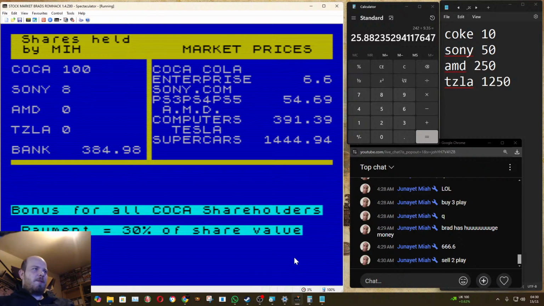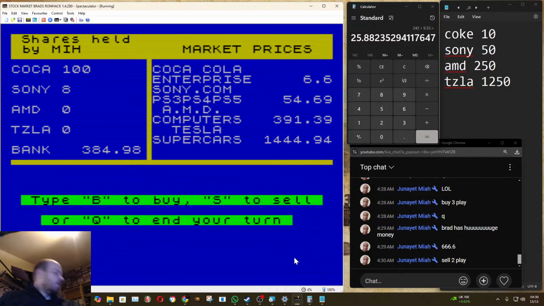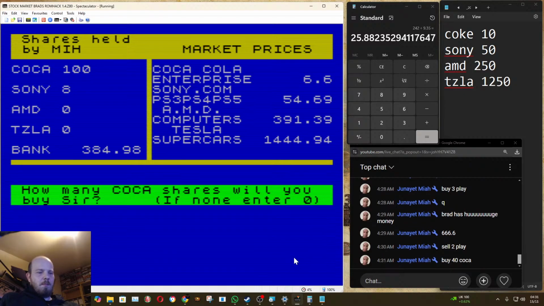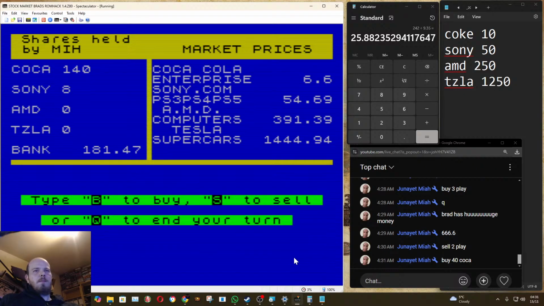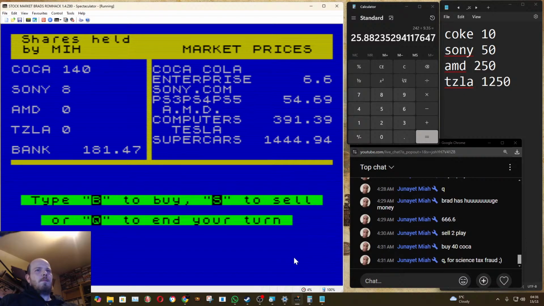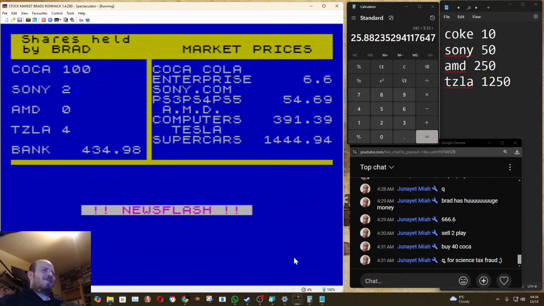Coke bonus, 30% of the value. Q retains tax fraud.